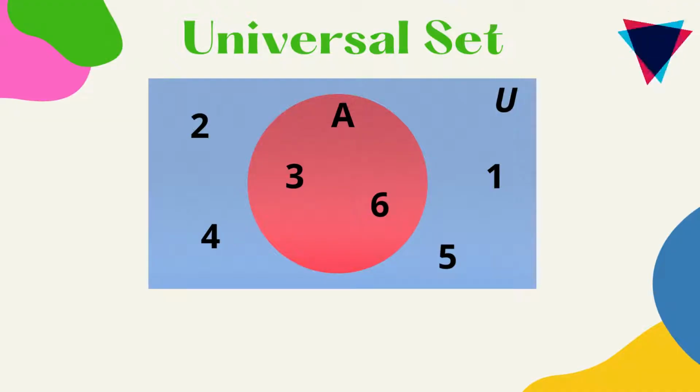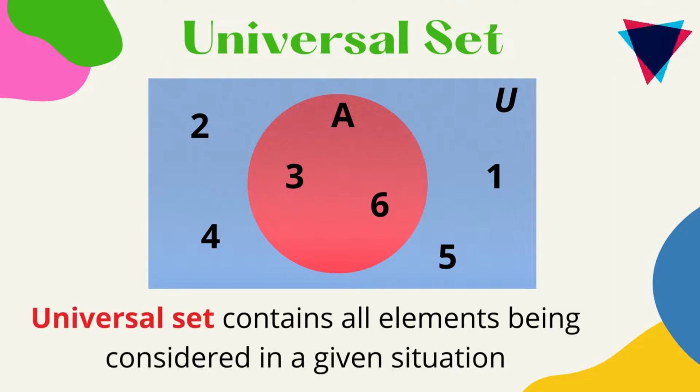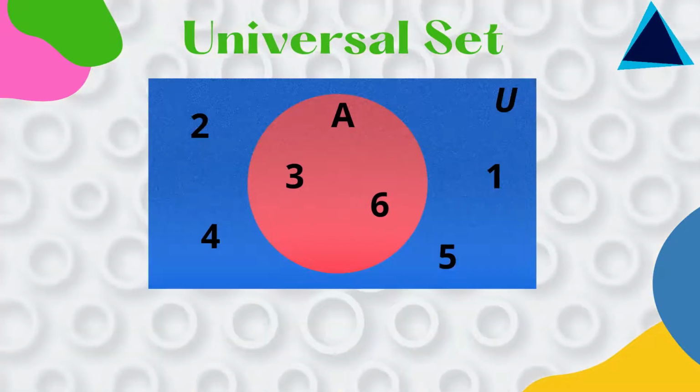Okay, next we have the universal set. A Venn diagram was shown in this figure. The rectangular shape shows a universal set. And what is a universal set? A universal set contains all elements being considered in a given situation.